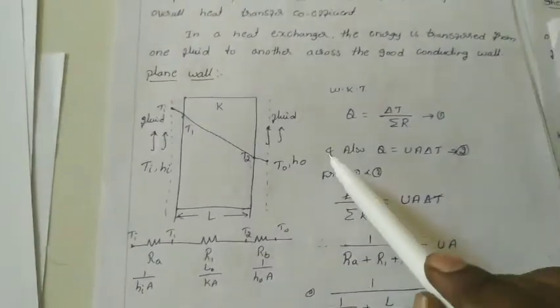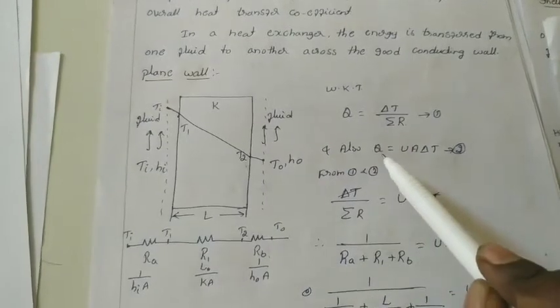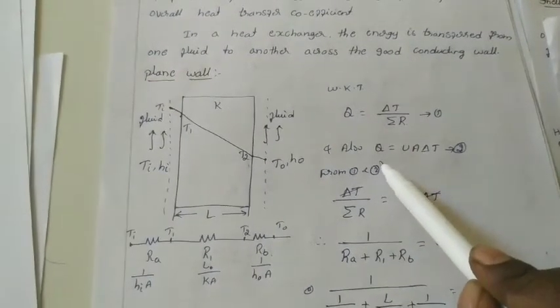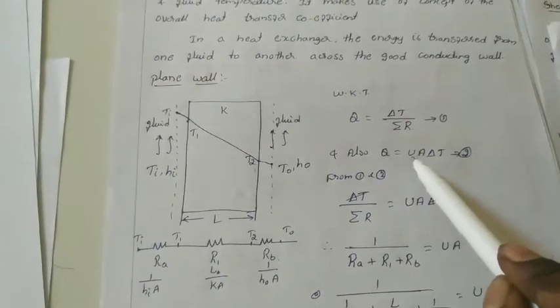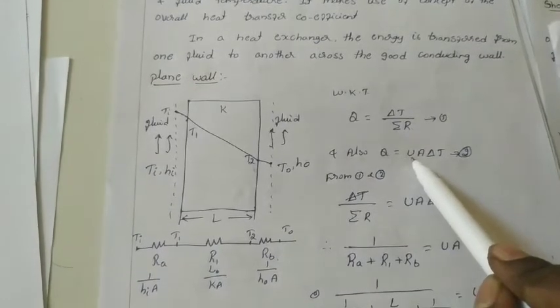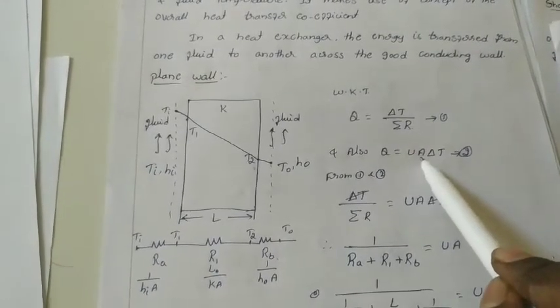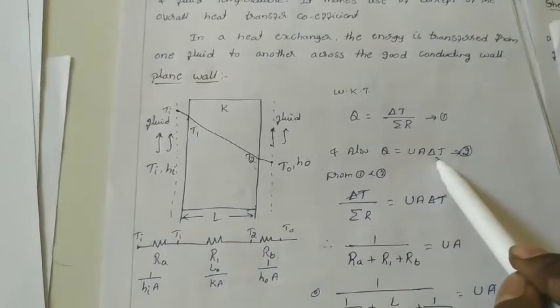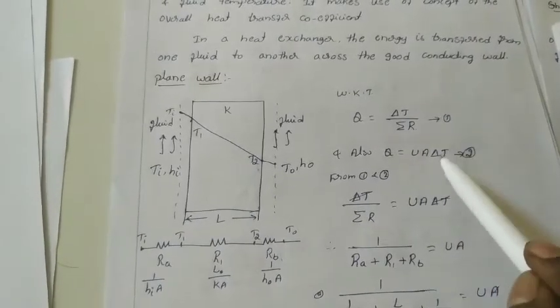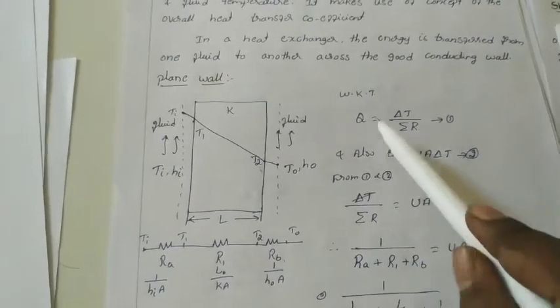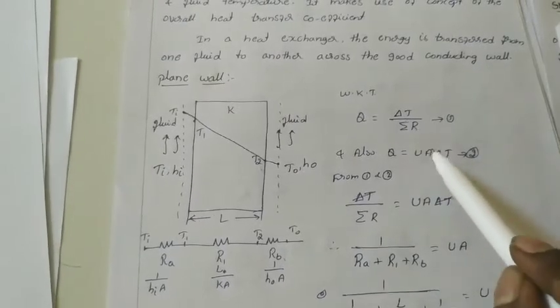Also, based on the definition of the overall heat transfer coefficient, Q is equal to U into A into delta T, where U is the overall heat transfer coefficient, A is the area, and delta T is the temperature difference. From these two equations, equation 1 and 2, Q is common, so this one is equal to this one.